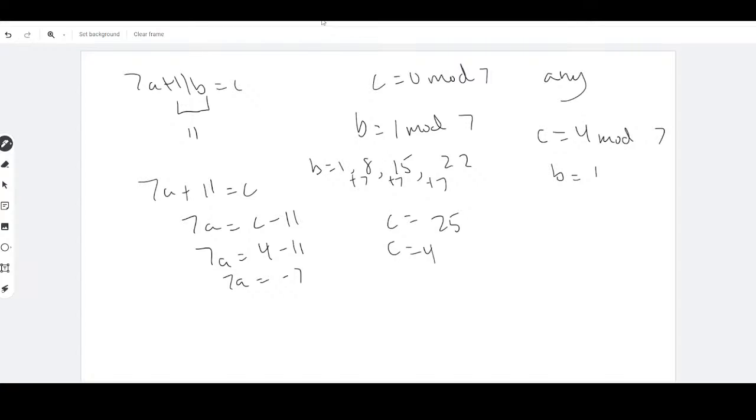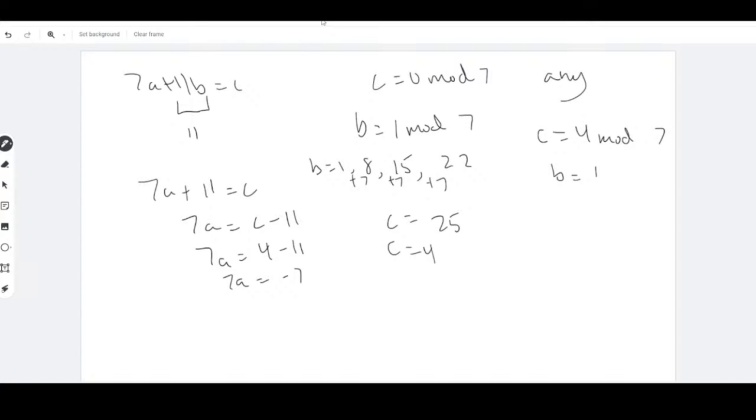But you can't erase a number that is 7 less or 11 less than a number you have already erased, right? So that means your A and B can't be negative. So if A can't be negative, then if our right side was negative 7, we would have no solution, right? Because our solution would have to be A is negative, so we don't have a solution here.